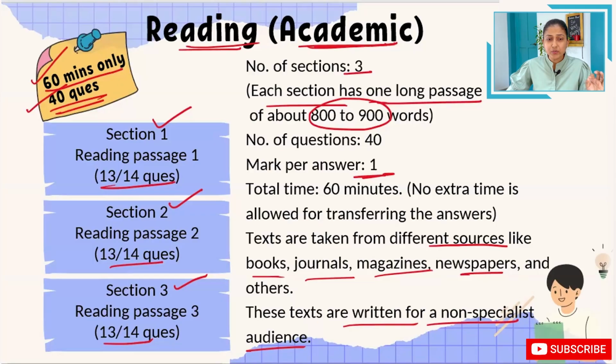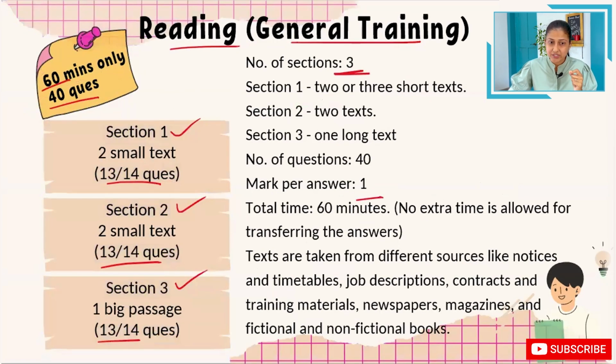Yes. So what do we see in case of academic? Each section will have one long passage. Well, let's go to general training. In case of general training, section 1 and section 2 will have 2 small texts. Section 3 will have 1 long passage.